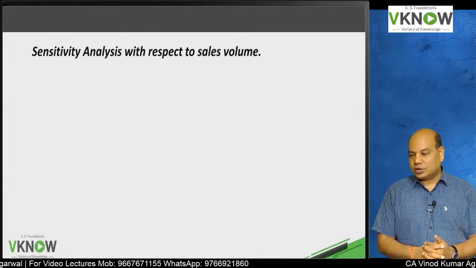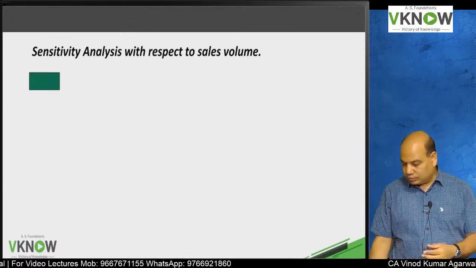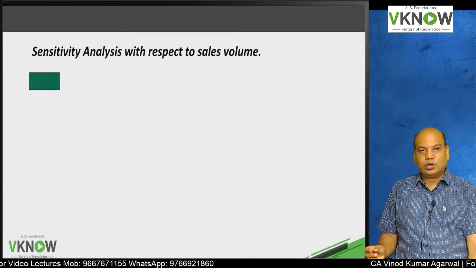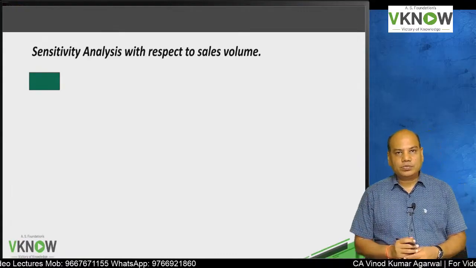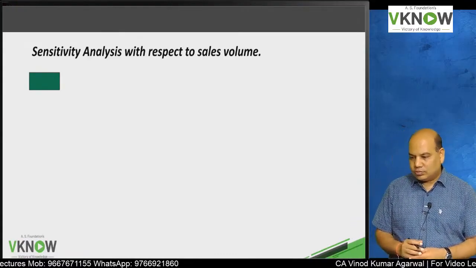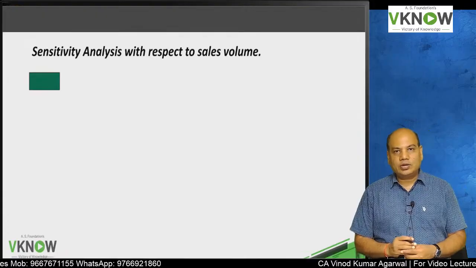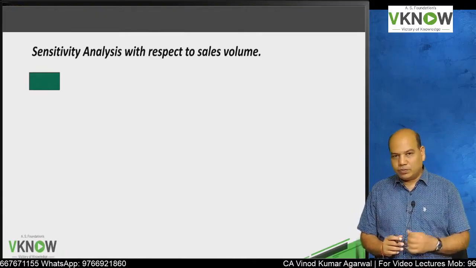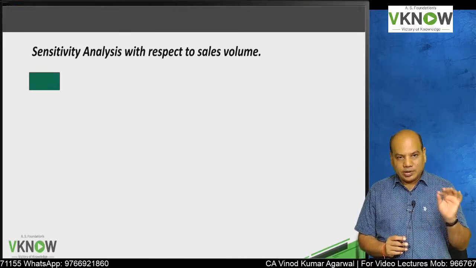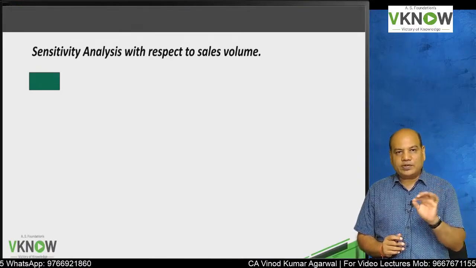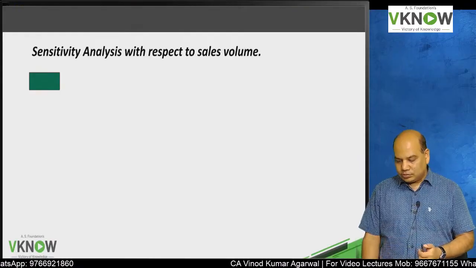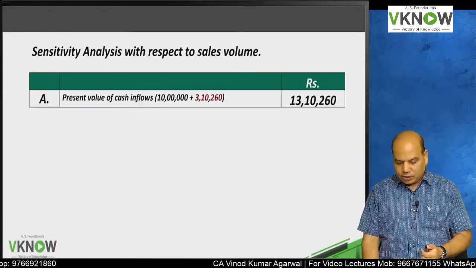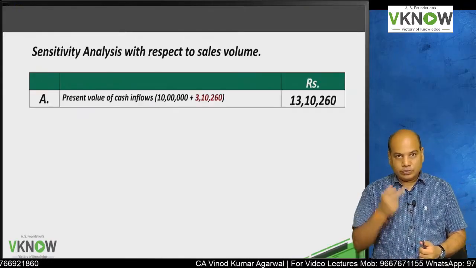Sensitivity analysis with respect to sales volume. Sales volume will affect my cash inflow. So which two numbers am I going to compare? I am going to compare NPV with the present value of cash inflow.